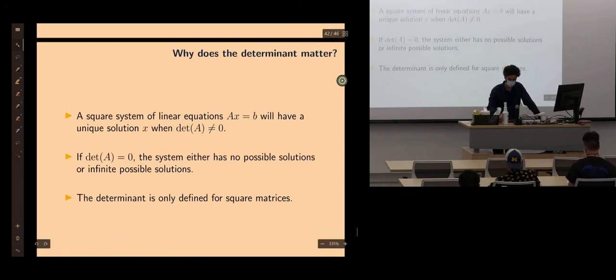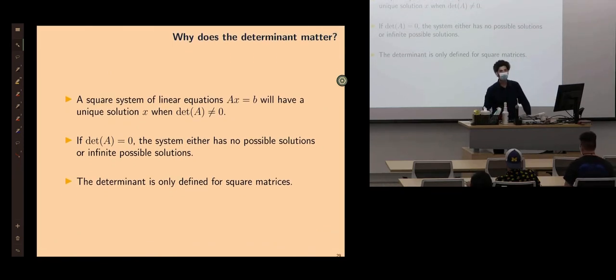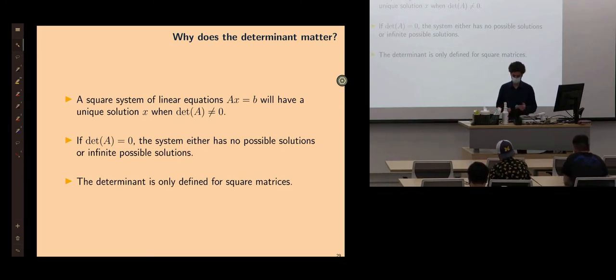There would be no point, except if you remember, we had 3 conditions for the solution of a linear system. Why does the determinant matter? Because the first one was that the solution is unique. The second one was there is no solution. The third one was that there's an infinity of solutions.